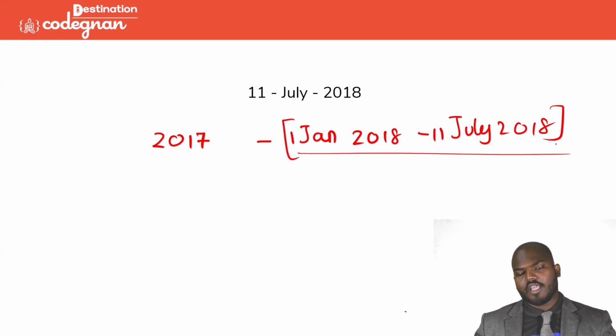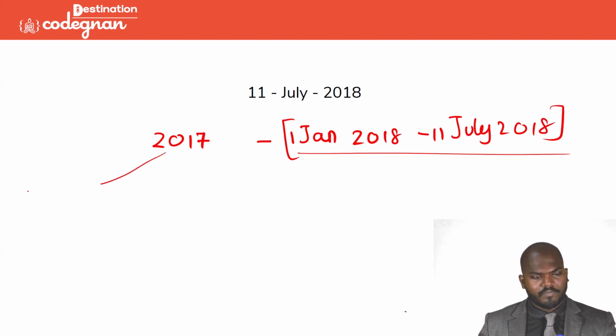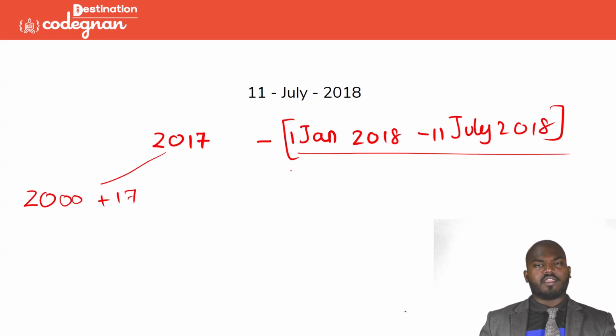This is what you just want to take here. 2017 is one of the very important parameters we consider here. So how can I divide this? I'm breaking 2017 down like 2000 plus 17.